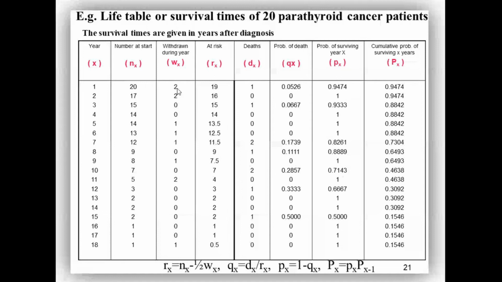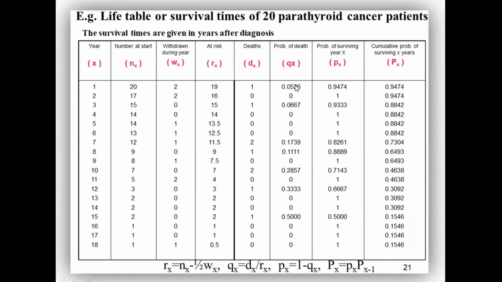Now, how many deaths do we have in year 1? In year 1, assume we have 1 death. The 20, 2, and 1 will be collected from the record. Now you can calculate the probability of dying in that particular year.